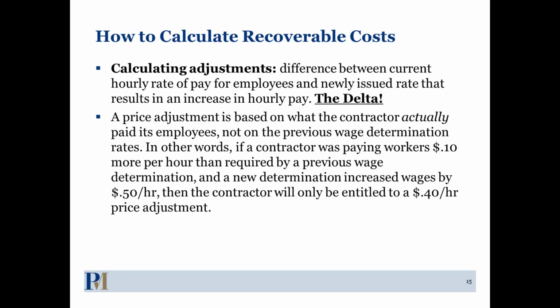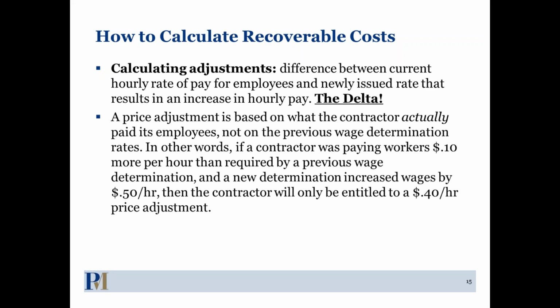In the example we have here at the last paragraph of the slide, if a contractor is paying 10 cents more than the wage determination, let's just say your wage determination rate is $20 an hour, you decide to pay $20.10 an hour. A new wage determination comes out and increases by 50 cents, so now the new wage determination is $20.50.